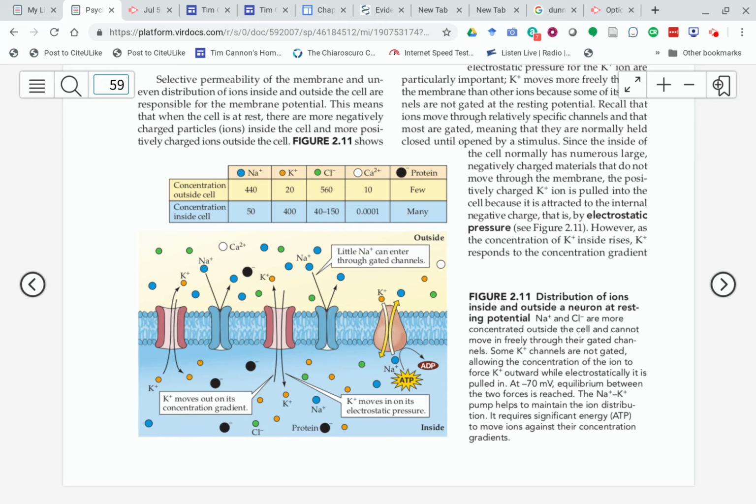You're going to get confused about potassium. Potassium has pores or channels that are always open, which means potassium can move across the cell membrane pretty easily almost all the time.